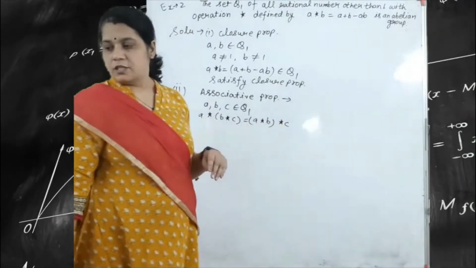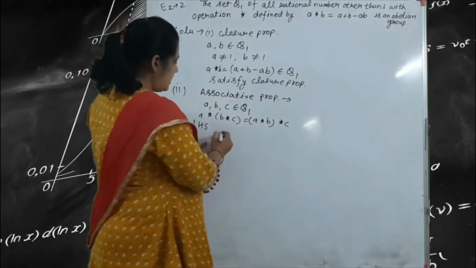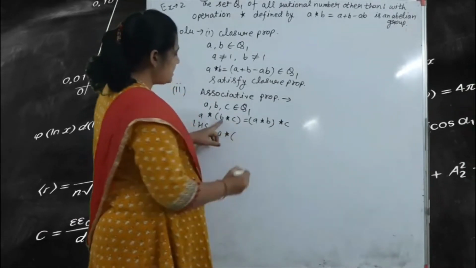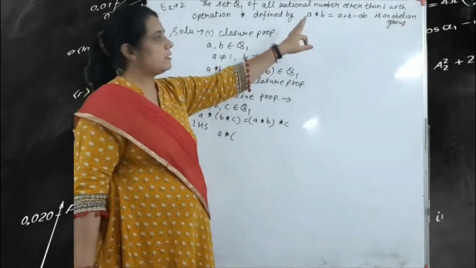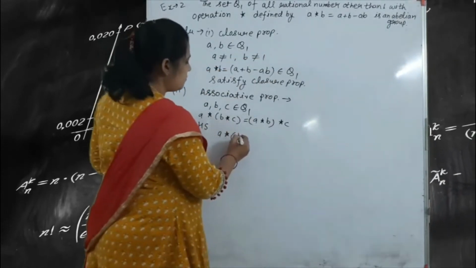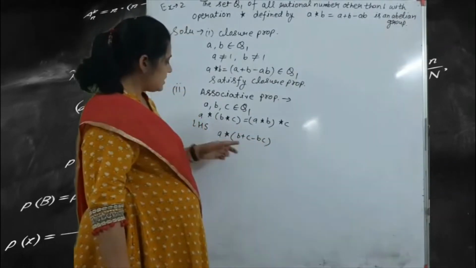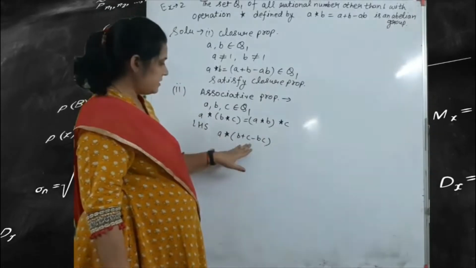First we consider the LHS, (A star B) star C. A star B is A plus B minus AB, and star C. So this is your first unit, and C is your second unit.